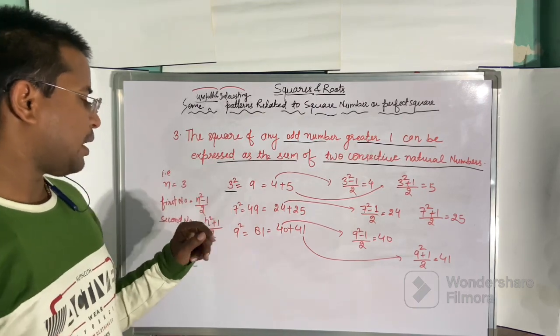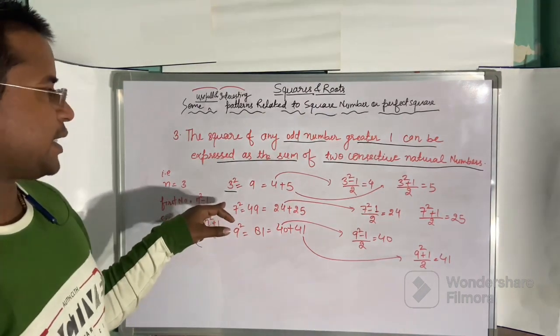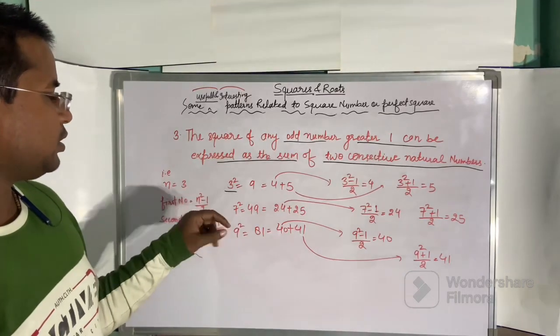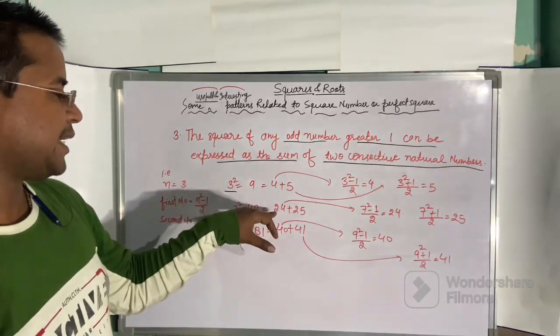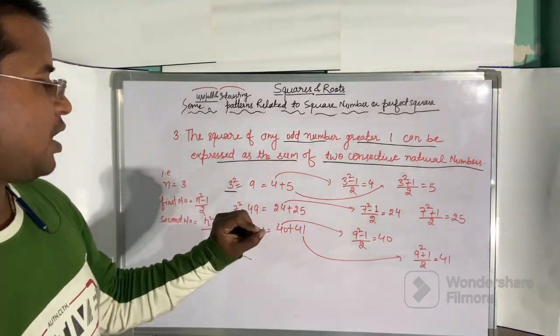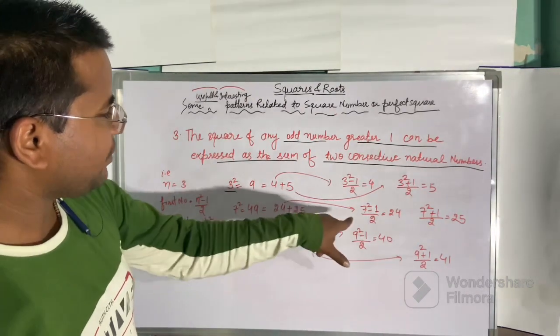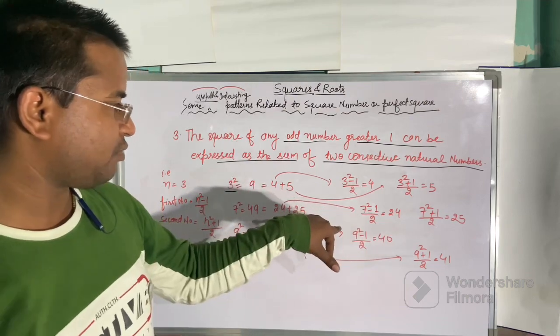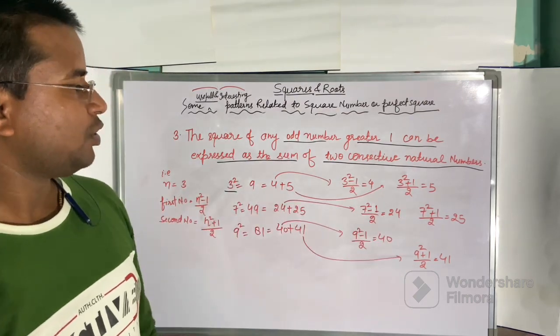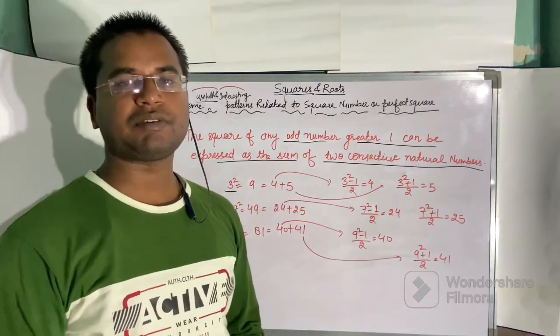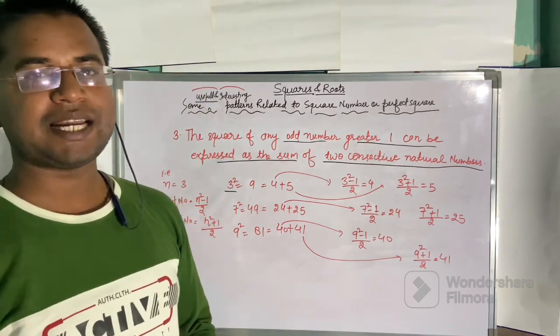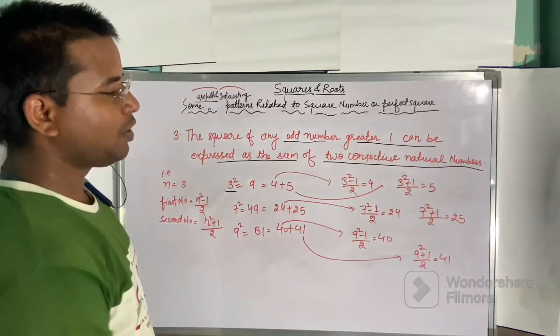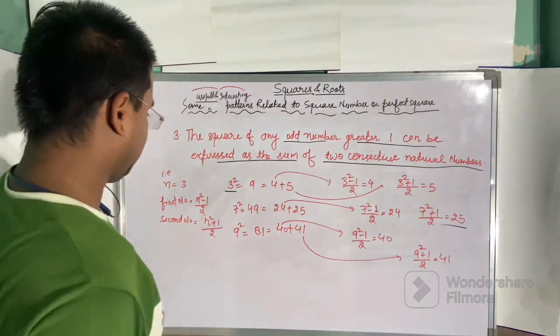There is another example. 7 square. 7 is also an odd number. It's 49. It can be written as 24 plus 25. How do we get the 24? 24 can be obtained by squaring 7, minus 1, and the whole divided by 2. It is equal to 24. And how do we get 25? If we square 7, plus 1, divided by 2, we get 25.